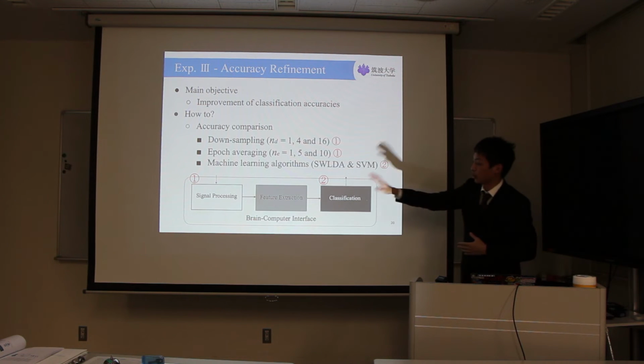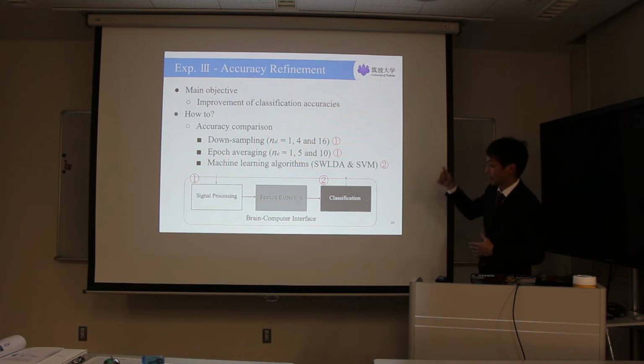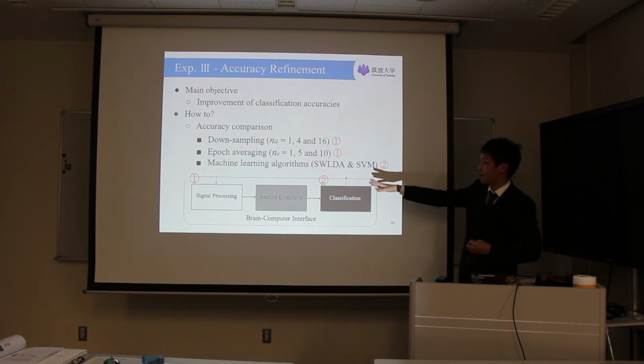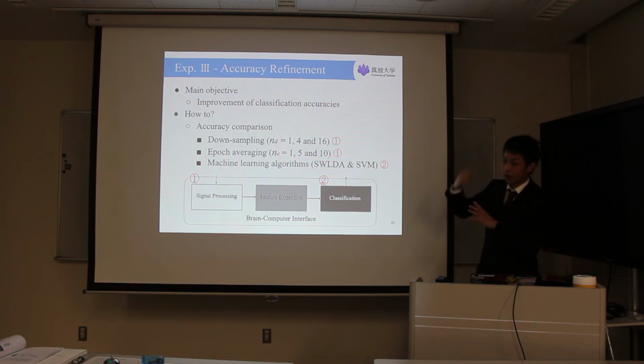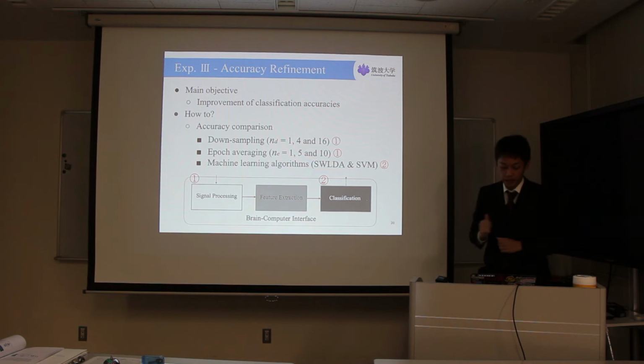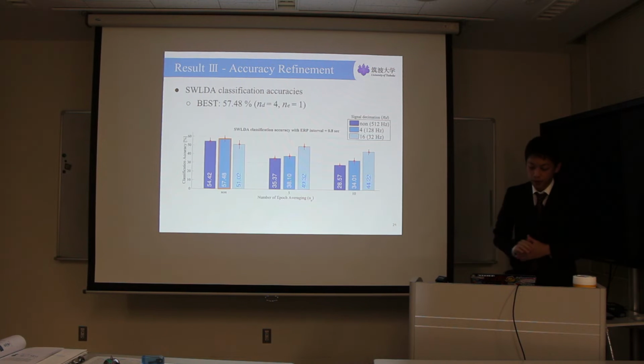And finally, after those signals are converted to feature vectors, in the classification section, we tried to apply new classifiers, which are SVM and nonlinear SVMs. SWLDA is the same method as in the online experiment, but we also calculated with this classifier in the offline experiment.